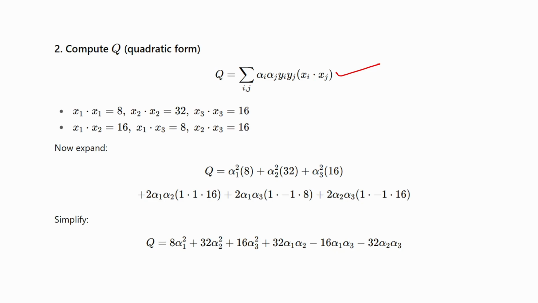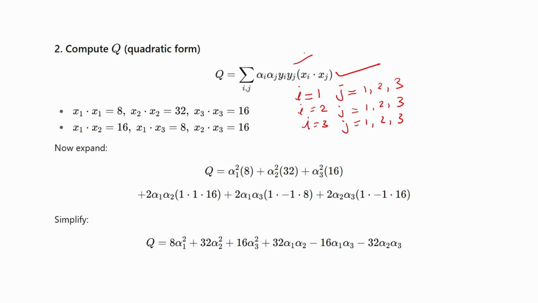For i is equal to 1, you have to find for j is equal to 1, 2, 3. Similarly for i is equal to 2, j is 1, 2, 3. Then i is equal to 3, j is 1, 2, 3.